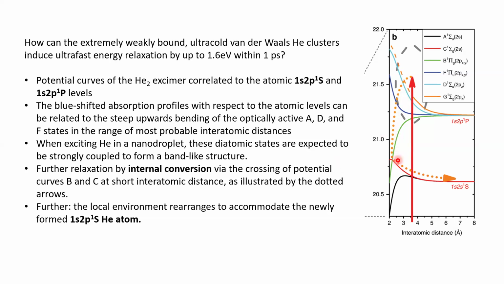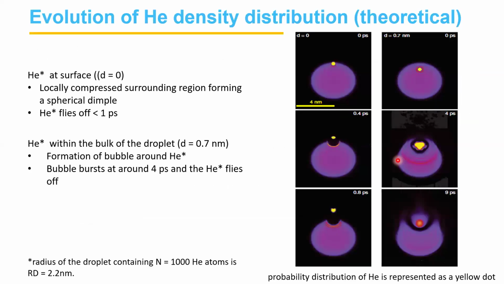So this is step one of the relaxation, and further the local environment rearranges to accommodate the newly formed 1s2p helium atoms. This is going to be further explained using time dependent density functional theory, by using the helium density distribution function.